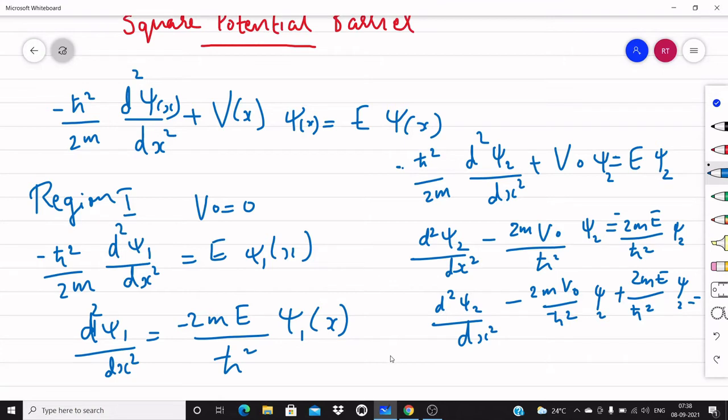So d square psi 2 by dx square, you take minus outside, so 2m by h cut square can also be taken outside, so 2m by h cut square into V0 minus E into psi 2 is equal to 0.